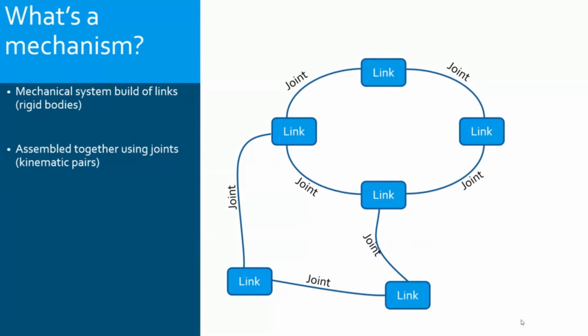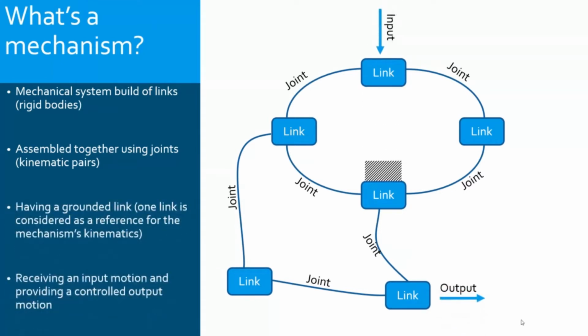Lower pairs in planar mechanisms allow 1 degree of freedom, and higher pairs in planar mechanisms allow 2 degrees of freedom. The joints are the contacts between links, and they block some relative degrees of freedom and allow some.